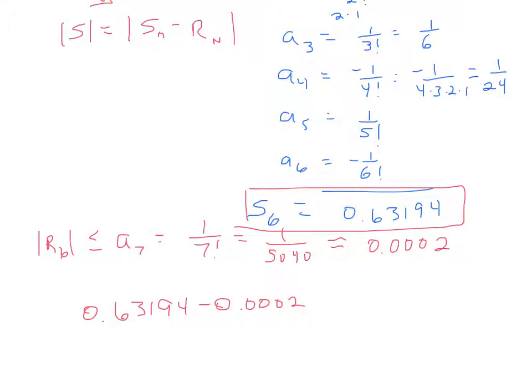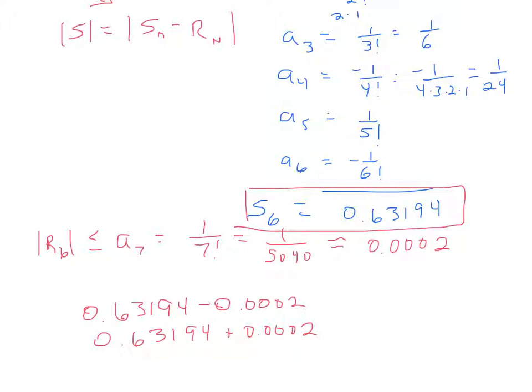How do I find the upper bound? Well, because these terms alternate, and because of the absolute values, we could also consider the case that maybe it's actually going to get bigger, and so we would add our remainder.